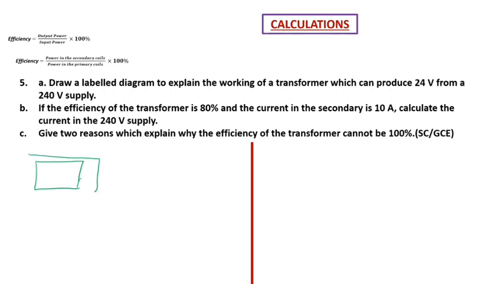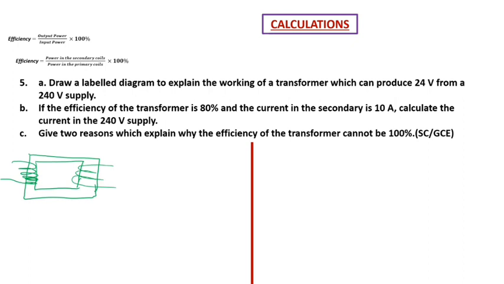So since it's a step-down transformer, I'm going to have more turns in the primary coil. Then I'm going to have fewer turns in the secondary coil. If possible, you could calculate the turns ratio and just draw the number of turns based on the turns ratio.